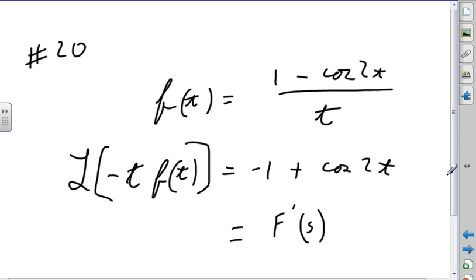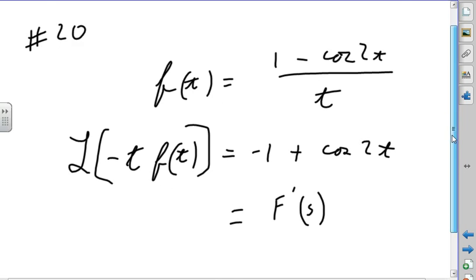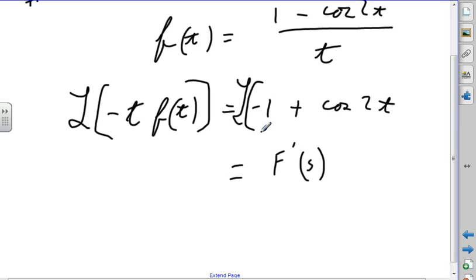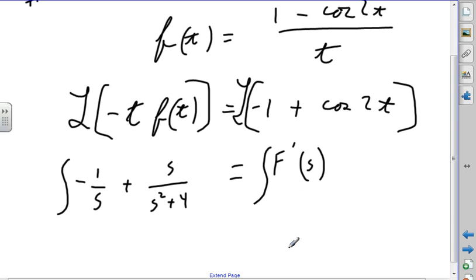So if I take the Laplace transform of this side, I'm going to get minus 1 over s plus s over s squared plus 4 is going to be the derivative of f of s. Okay, so now I'm going to have to take the integral of both of them to find f of s.